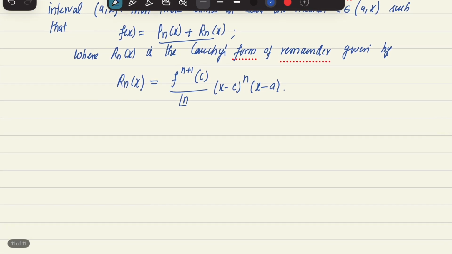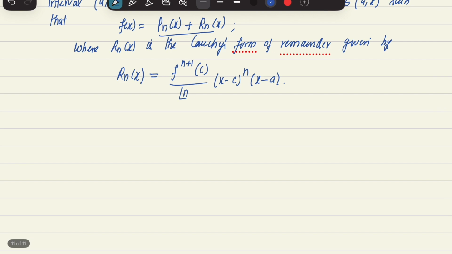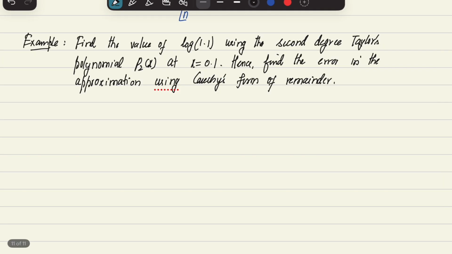So we just take up an example to derive the error, an application of Taylor's theorem with Cauchy's form of remainder. Since we have already evaluated the Taylor's polynomial P3 of x in the previous example, we shall just pick up its part, which is P2 of x.